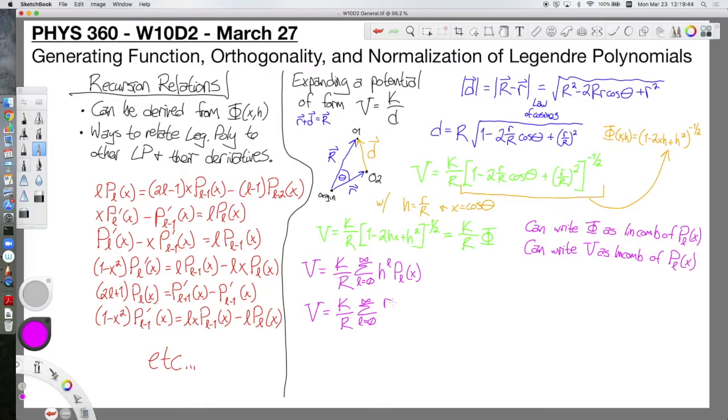We end up with little r to the L times P sub L of cosine of theta. There's that Legendre polynomial of a cosine of theta term that I'd said you'd see in quantum mechanics. You apparently also see it in electrostatics. And rewriting this just to keep coefficient k out front, we can combine this all into one term by keeping everything the same and just absorbing that extra power of big R into the denominator.